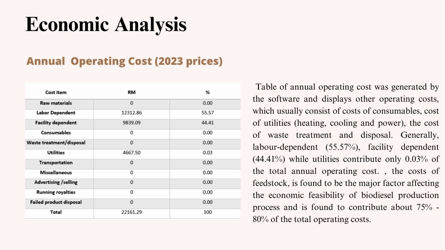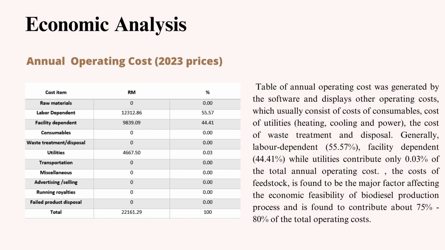Generally labor-dependent costs consist of 55.57%, then facility-dependent costs consist of 44.41%, while utilities contribute only 0.03% of the 100% total annual operating cost.